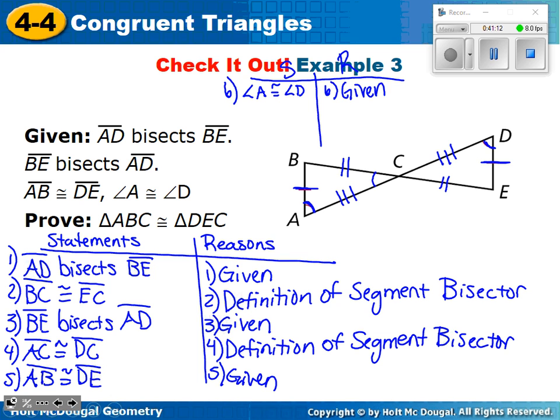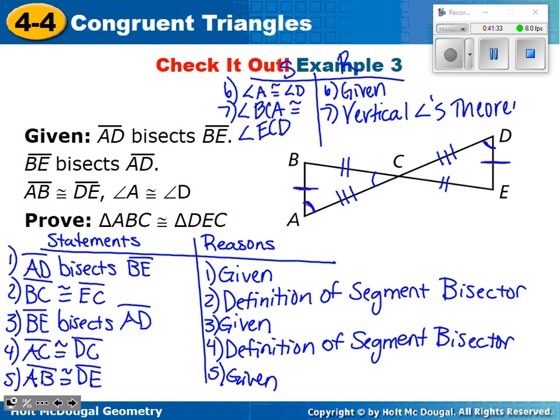Okay, so number 7, we could say angle BCA is congruent to angle ECD. And the reason was again, vertical angles theorem. I said it and still spelled it wrong. Vertical angles theorem.